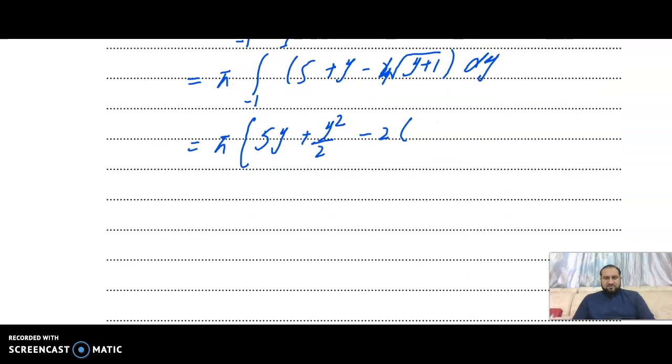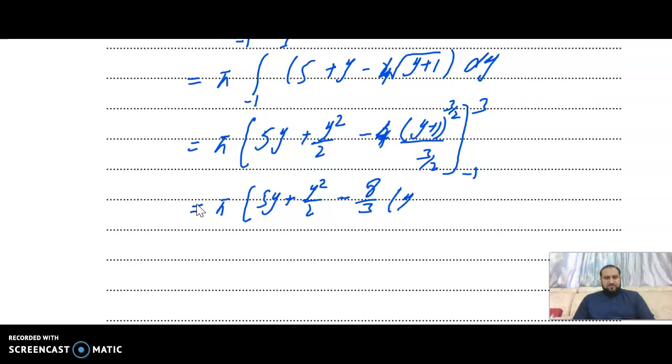So then this is minus 4 over here, y plus 1 to the power 3 by 2 over 3 by 2, and then the limits are from minus 1 to 3. So then this is equal to pi times 5y plus y square by 2 minus 4 times 2 is 8 by 3 y plus 1 whole to the power 3 by 2 and minus 1 to 3.